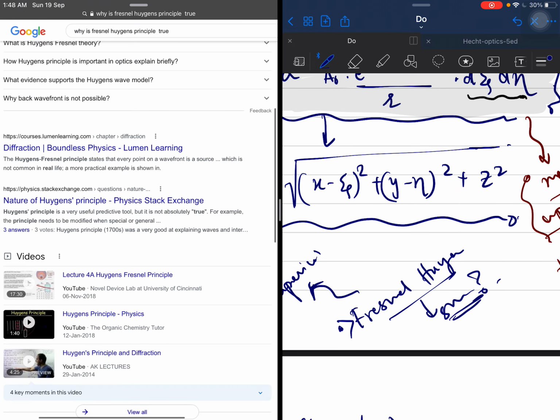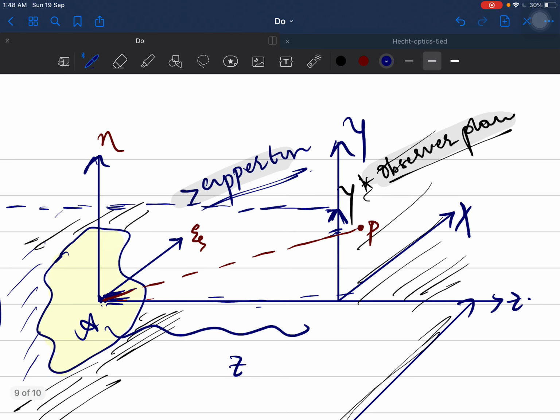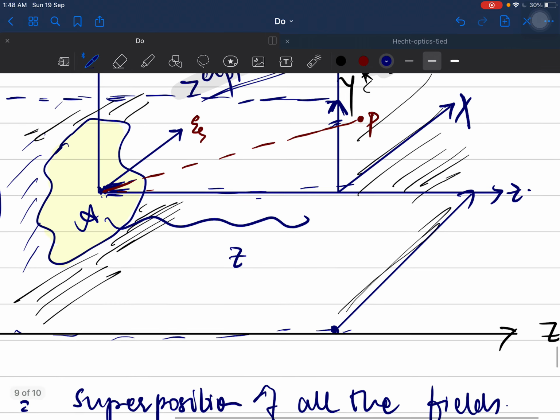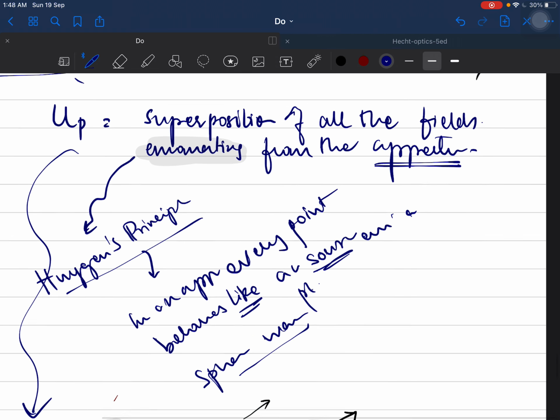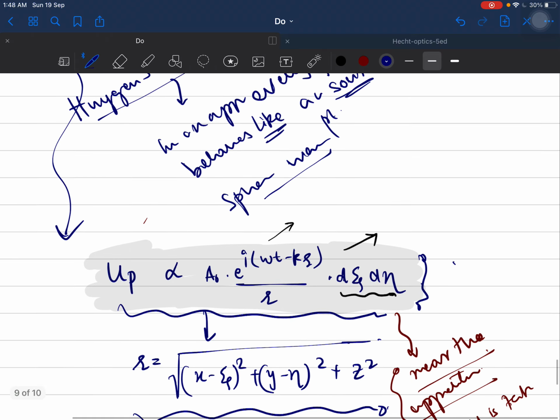So observer plane, picture, we derive some things, we make some things. We assume Huygens principle is true.